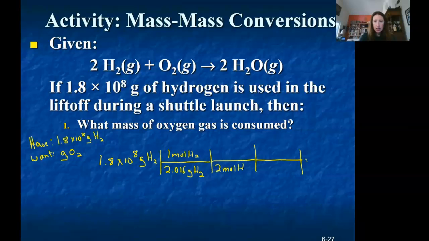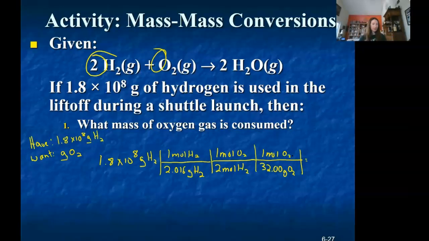2 moles of hydrogen, again, coefficients. Oxygen, 1 mole of oxygen. Again, it's O2, so it's 32 grams of oxygen in 1 mole of oxygen. Okay. All the way around. Very nice.